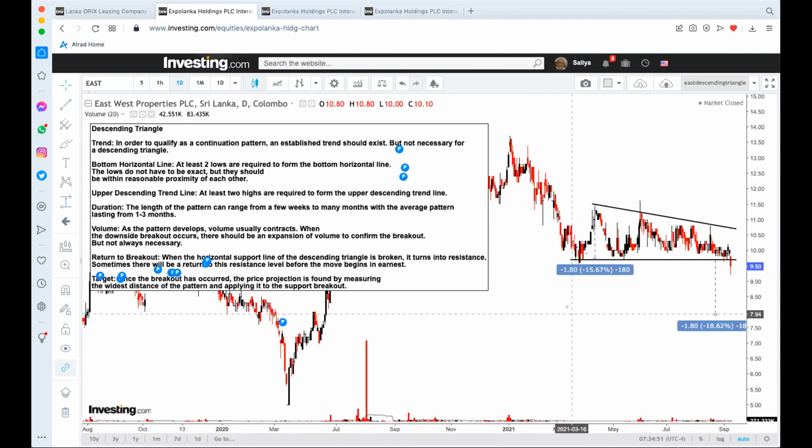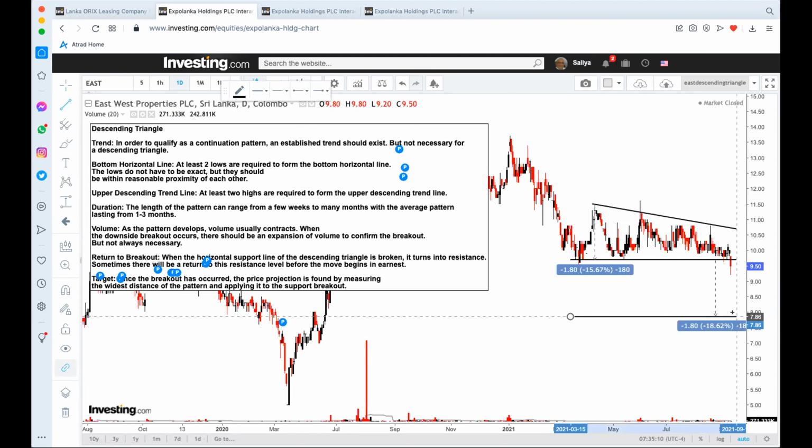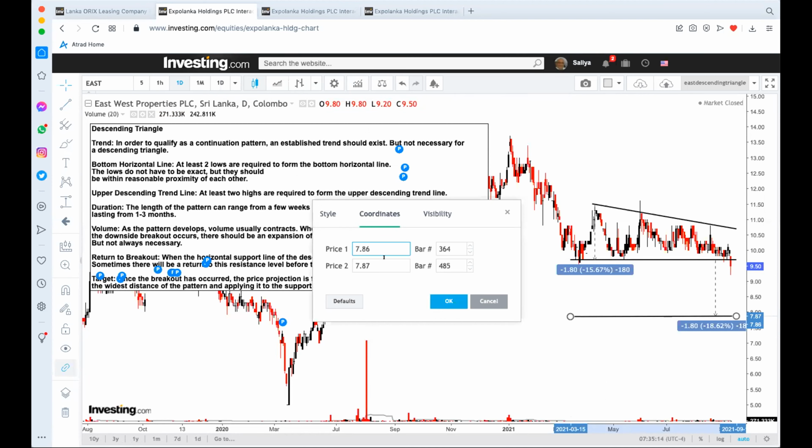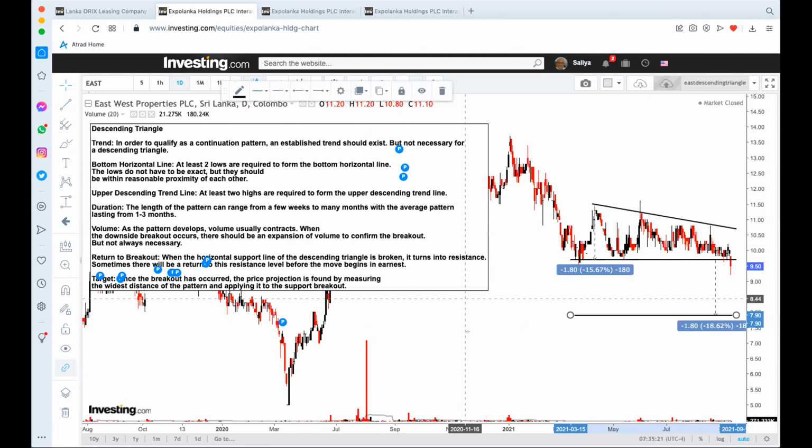So based on the expectations of this descending triangle projection, the stock can come down to around 780 or 790.